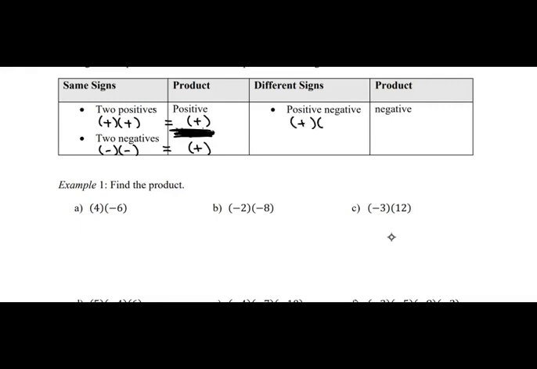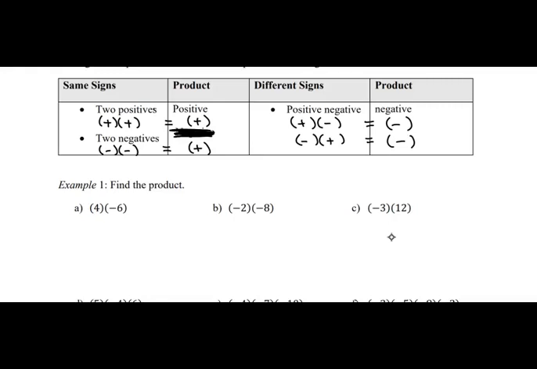Positive number times negative number, the answer is negative. You can switch them around. Negative number times positive number, the answer is negative. All right, so those are our rules.